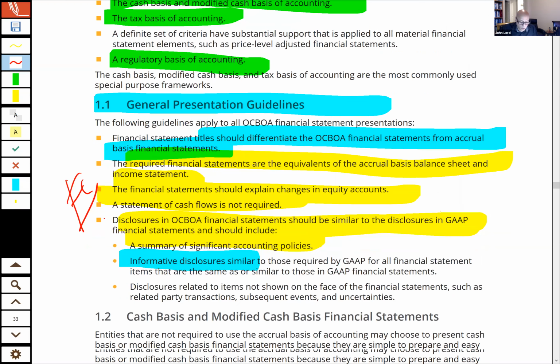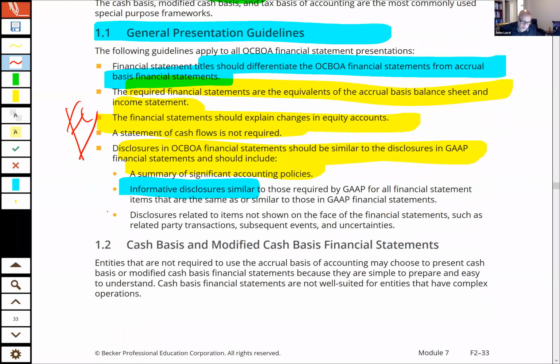Now you could use cash basis. You're not required to, but they do give us a little guidance here, and they say, hey, don't use cash basis for complex entities. We're talking about entities that aren't terribly complex.